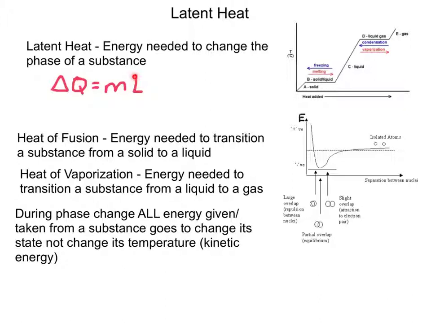Now, let me explain something kind of odd and somewhat critical to understanding. While in a phase change, every last bit of energy that you give a substance goes into changing its phase or its state, not its temperature. Whenever I am applying heat, let's say I have water, for example, in a beaker on a hot plate, and I start heating it up, or let's say I'm starting with ice. And so the ice's temperature starts to increase, and then I get to 0 degrees Celsius.